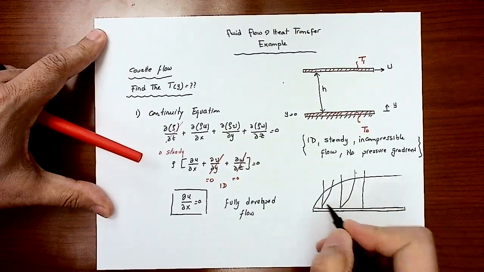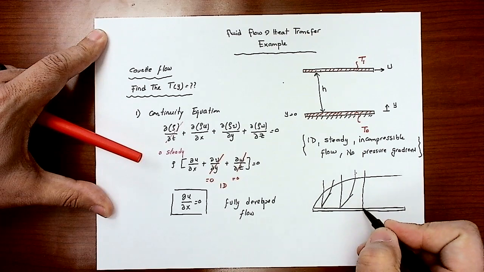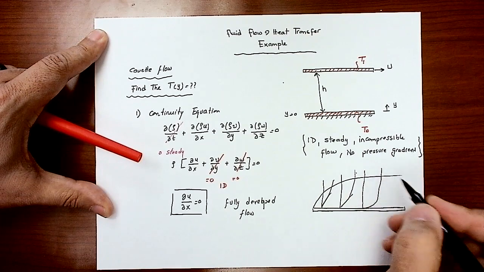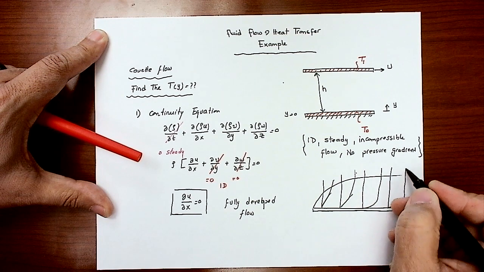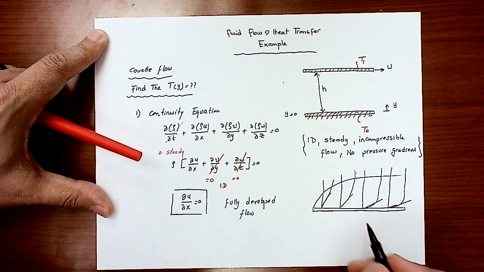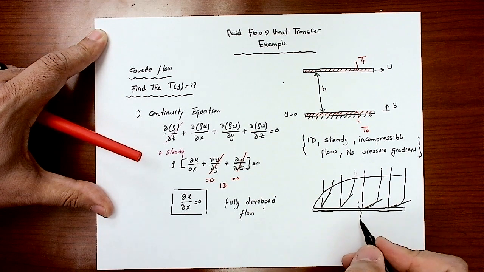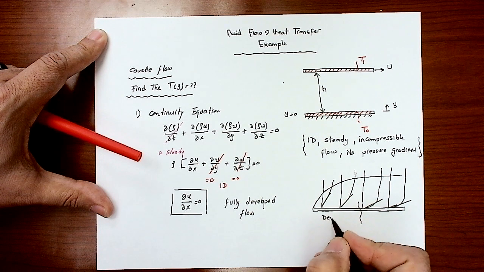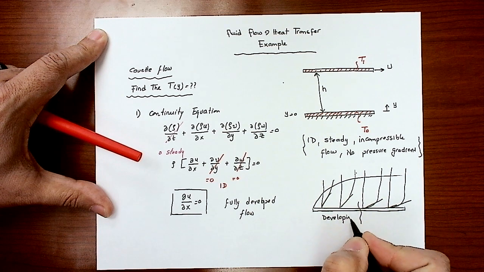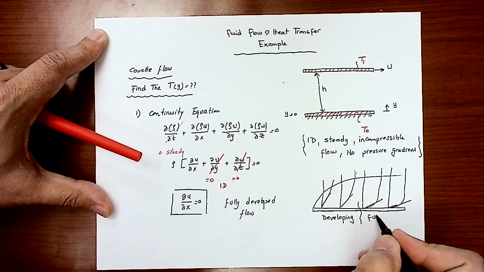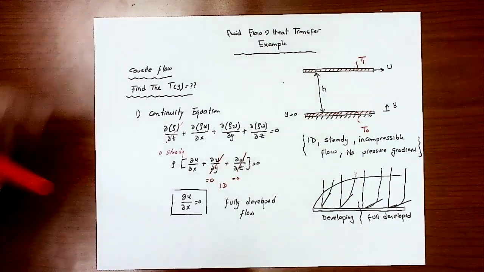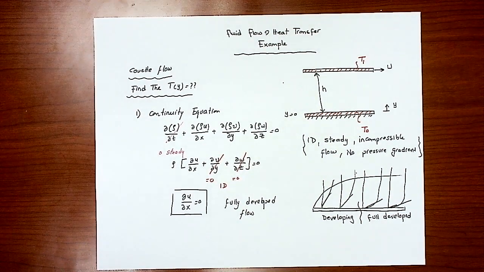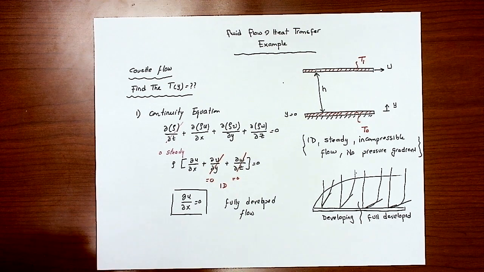Then the slope will continuously change for that velocity profile until that velocity profile actually repeats itself. So the slope is not going to change at the wall. This means that we passed what we call the developing region of the boundary layer to the fully developed region. So that's the meaning of partial u by partial x equal to 0. So this is the outcome of the continuity equation.